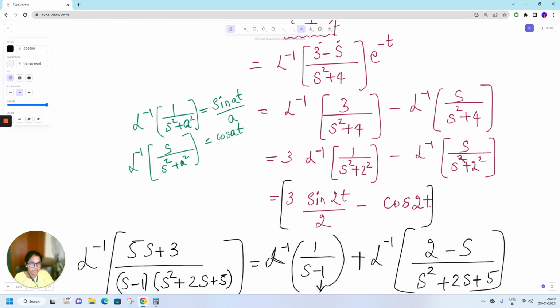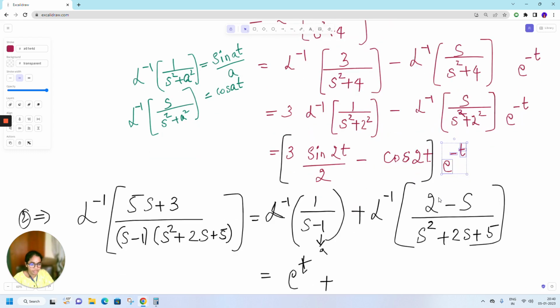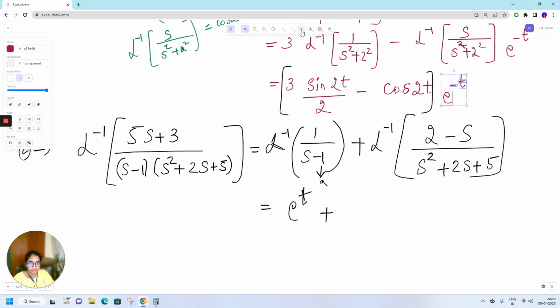So that would be e power minus t over here, and finally it would come in our last step. So let me write that down.